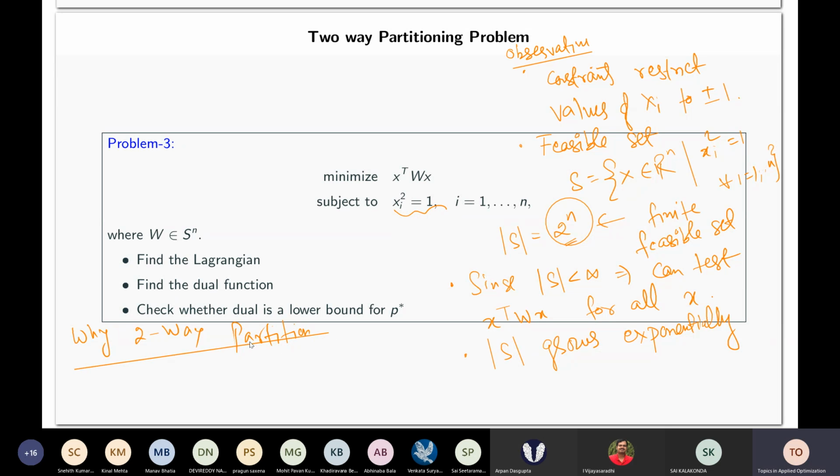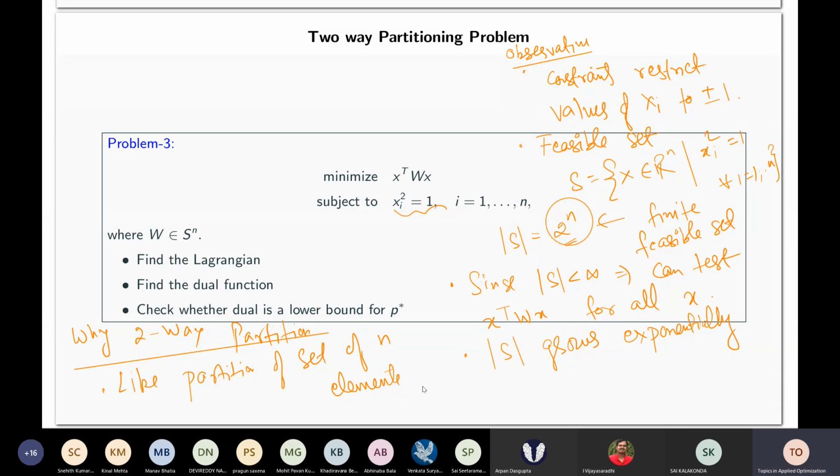It is a partitioning problem because in some sense we are asking for a partition of a set of n elements, where one part goes with +1 entries and another part goes with -1 entries.